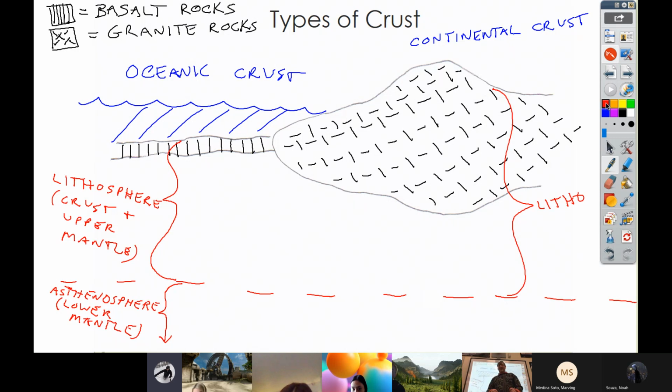My writing is sloppy enough even without trying to do it on the screen here. If you can't read that, let me know. Asthenosphere. A-S-T-H-E-N-O sphere. I think I made it worse. Asthenosphere. And that is the lower mantle.